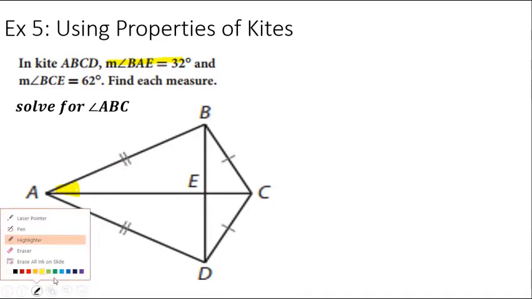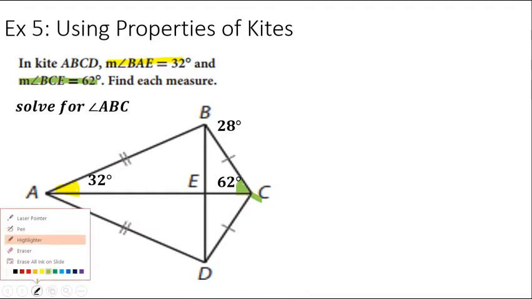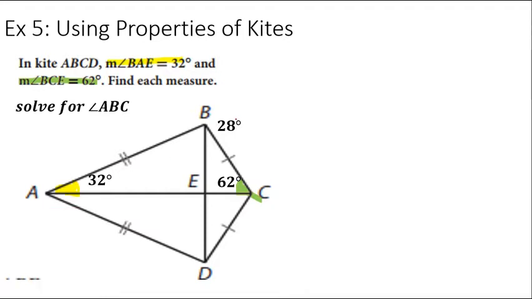And then we had angle BCE, which is right here. So those are given to us. And then we also had, remember that angle was 28 degrees from the previous one, which is right here.